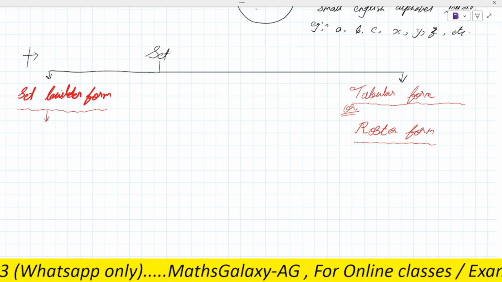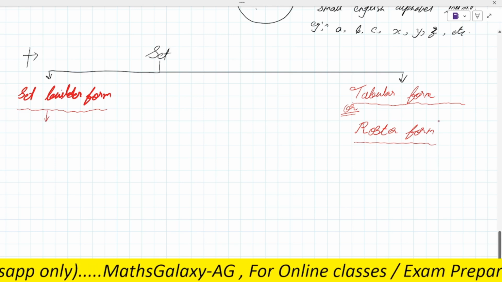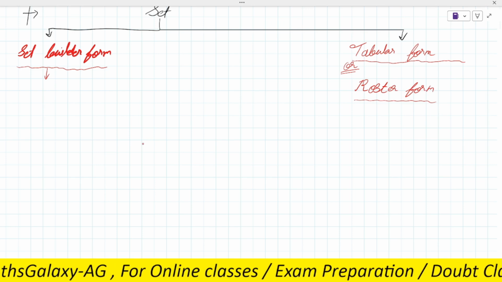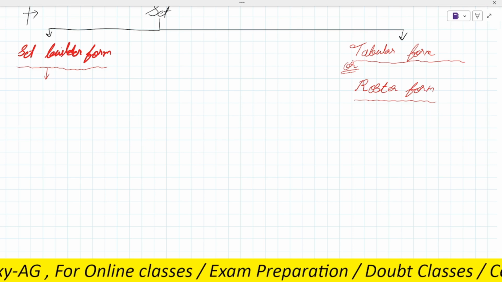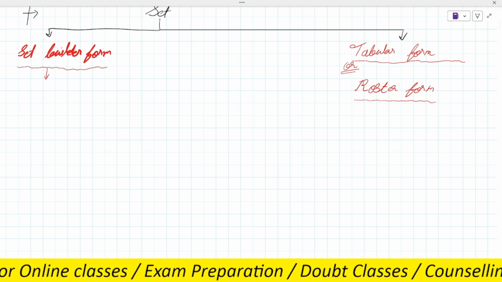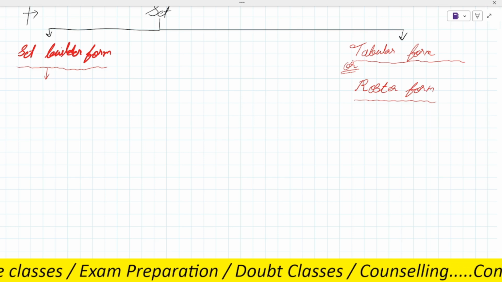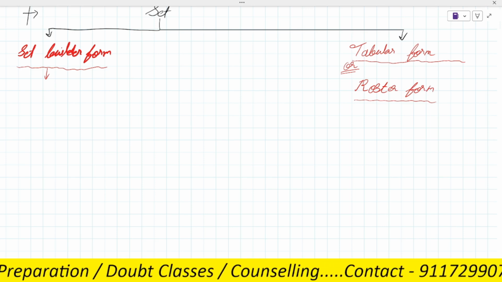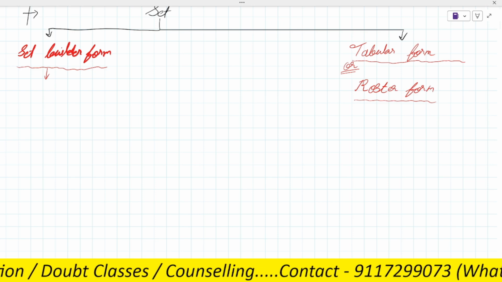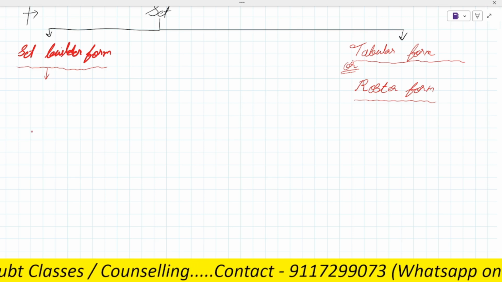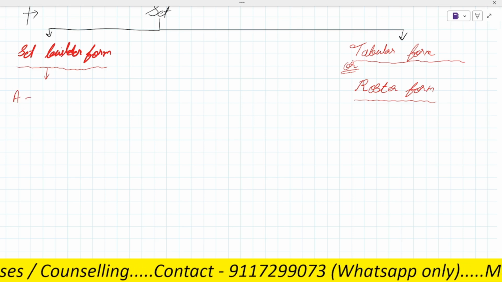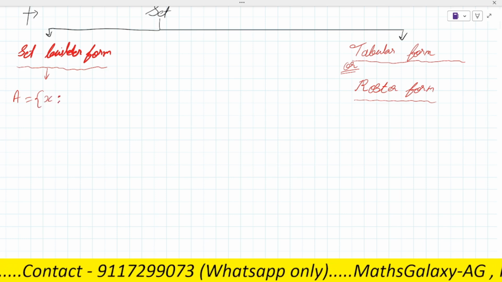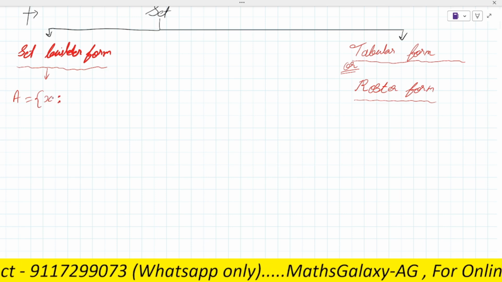Now here we will just give a small overview about these forms. So set builder form: take a set of all vowels of the English alphabet, that is set A. Here we write A equal to, x means the element, and this is the symbol of such that.